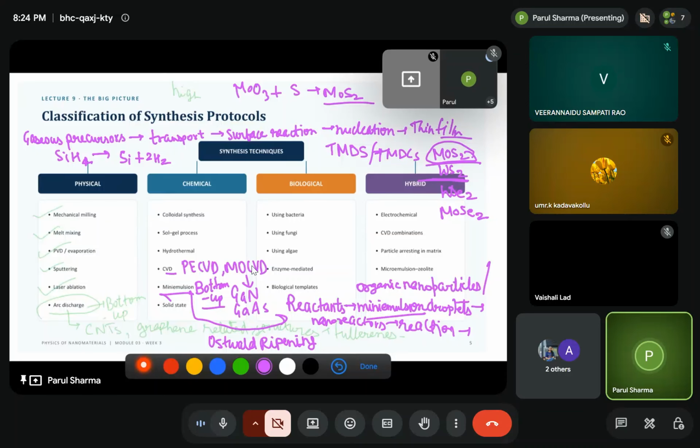Okay, so apart from physical and chemical methods, there are also biological methods, in which bacteria, fungi, algae, enzyme mediated, these are all biological processes which we are using for the synthesis of nanoparticles.